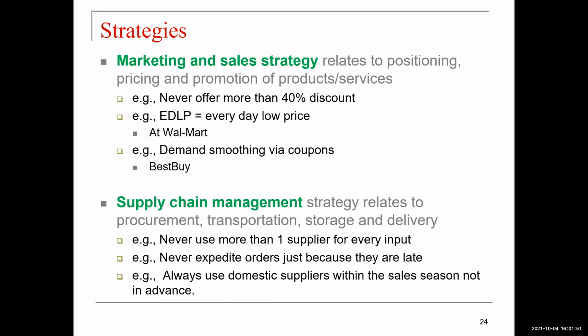Supply chain management strategy relates to procurement, transportation, storage, and delivery. For example, never use more than one supplier for every input, never expedite orders just because they are late, and always use domestic suppliers. We were talking about this within the sales seasons, not in advance.